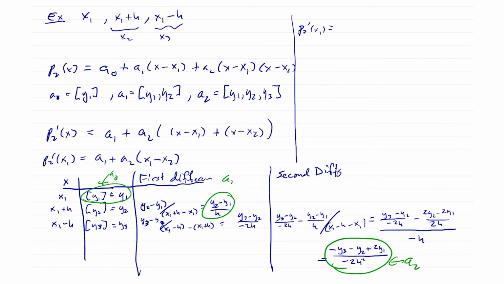We have a1, which is going to be y2 minus y1 divided by h. And now we have plus a2, which is y3 minus 2y1 plus y2, I guess, divided by 2h squared, and this times h, and that h coming from x1 minus x2.